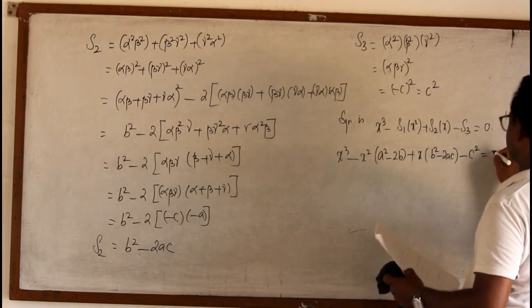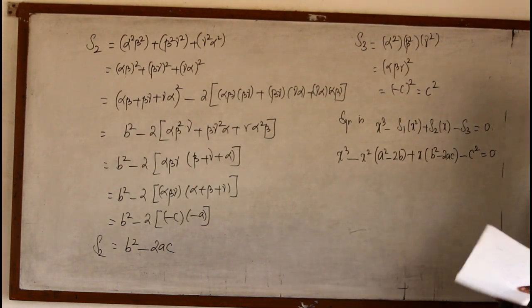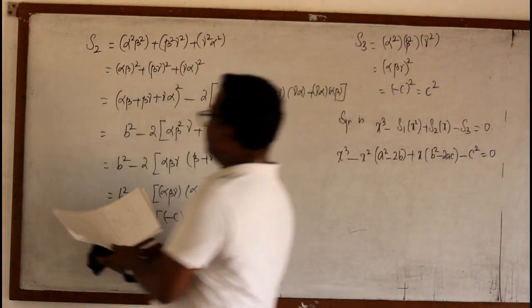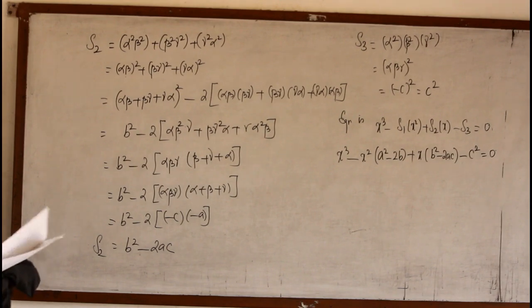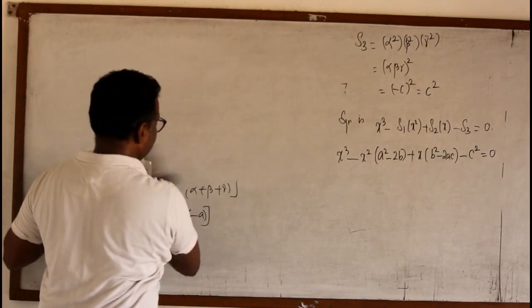So minus c square equal to 0. This is the expected cubic equation if the roots are alpha square, beta square and gamma square. Now we shall go for example 3.7.